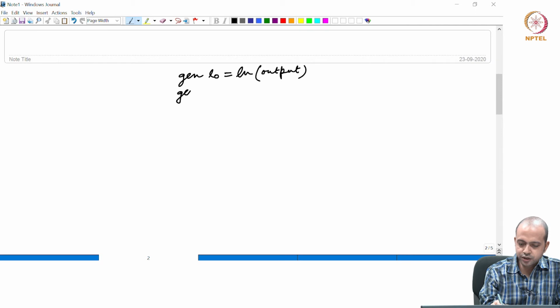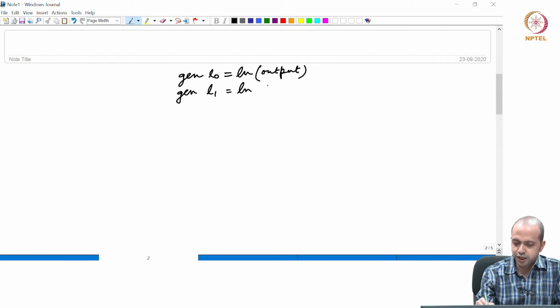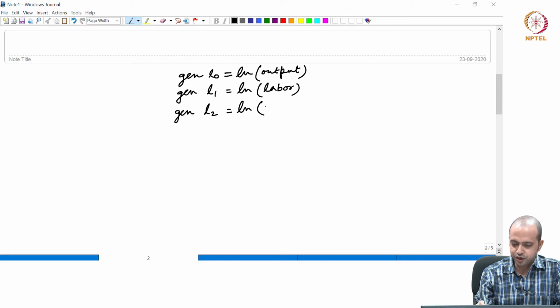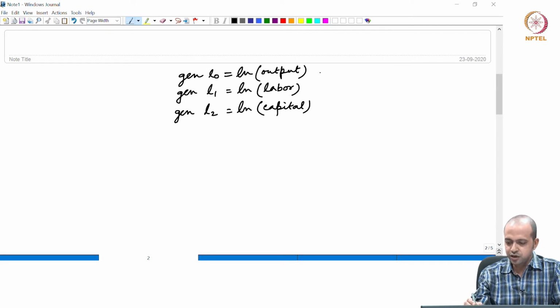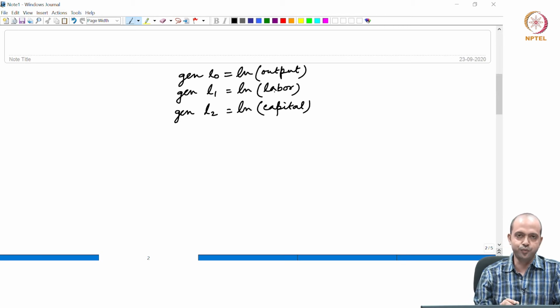Similarly, gen L1 equals ln labor, and then gen L2 equals ln capital. This is the Stata command to convert the variable from level form to log form.